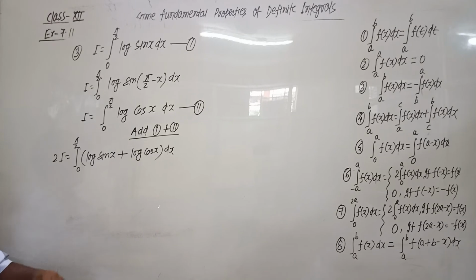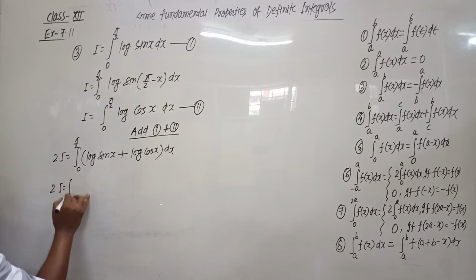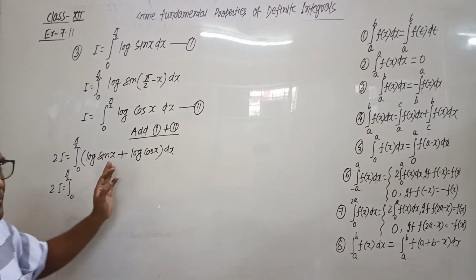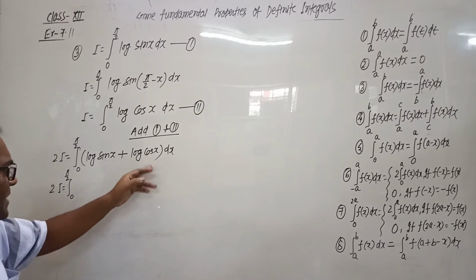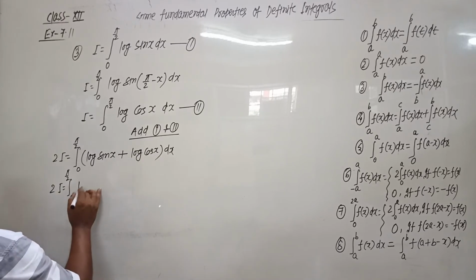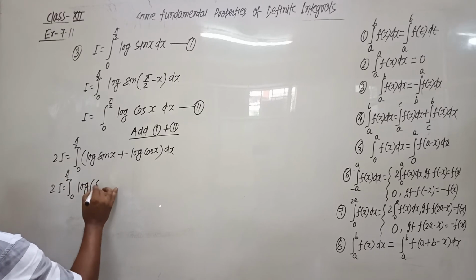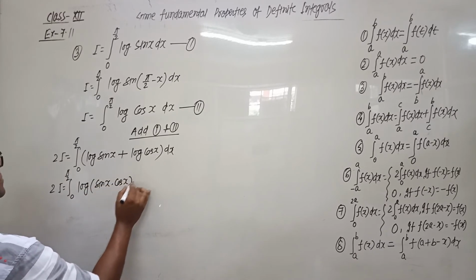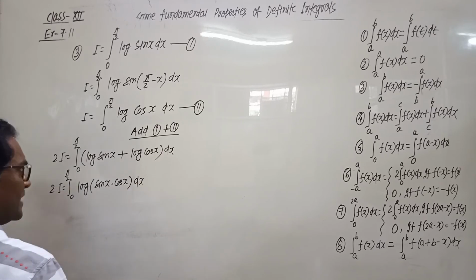RHS is added, so log sin x plus log cos x dx. So 2I is equals to 0 to pi by 2. We use the formula property of log. Log a plus log b is written as log of a into b. So log of sin x into cos x and dx.